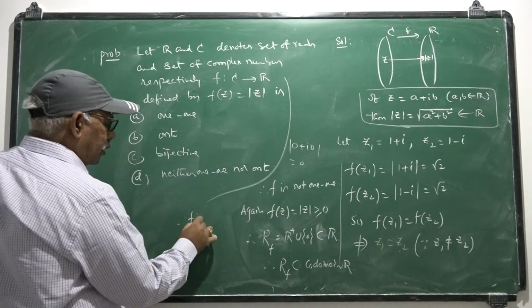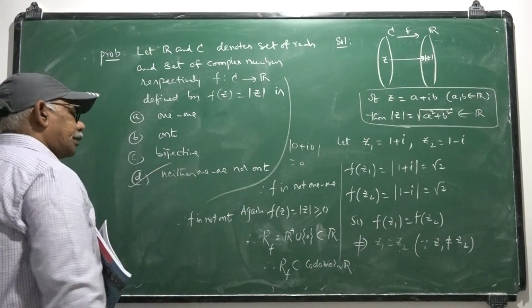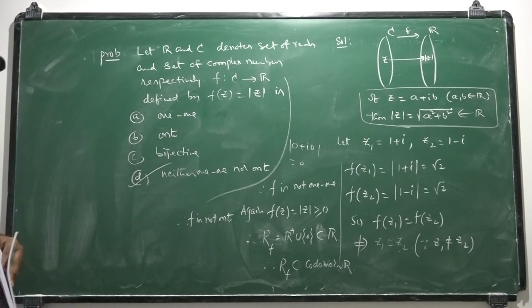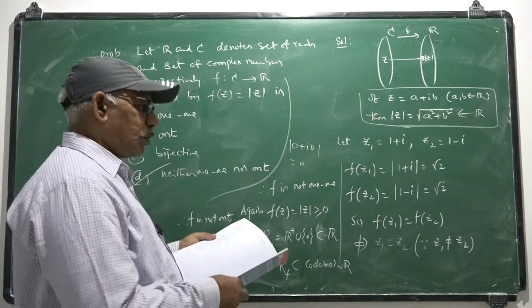Therefore, f is not onto. Hence, f is neither one-one nor onto in this case.